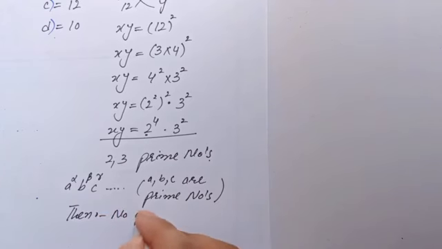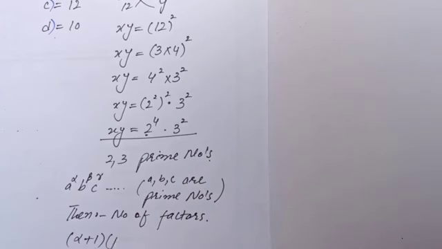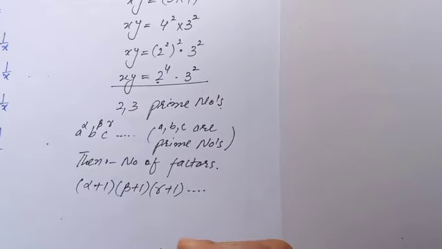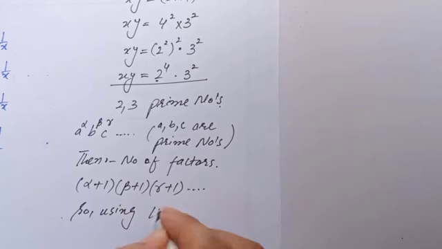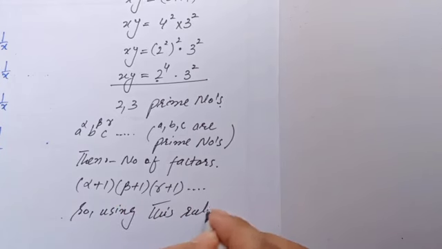The total number of the factors is alpha plus 1 times beta plus 1 times gamma plus 1 and so on. This condition only satisfies when a, b, c are the prime numbers.